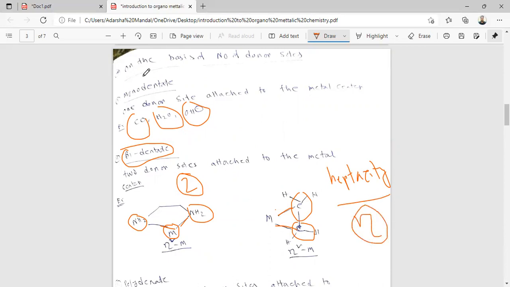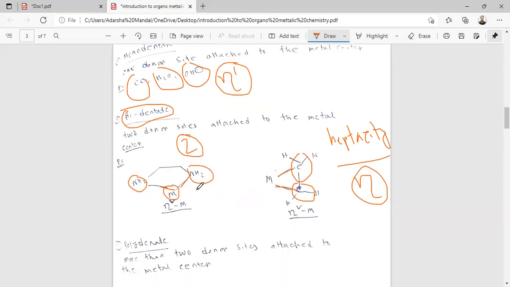So for a monodentate ligand, it has only one donor site and donates via eta 1, and the bidentate ligand system has two donor sites. So their hapticity is 2, which is denoted by eta 2.